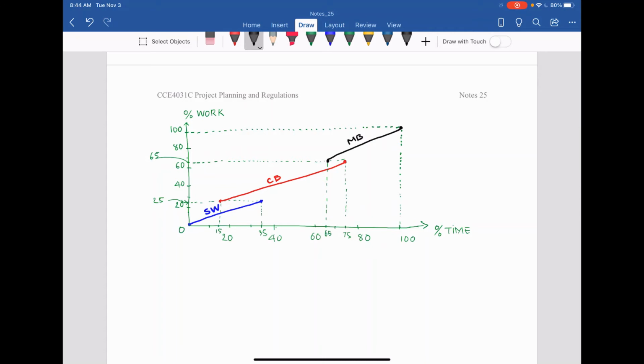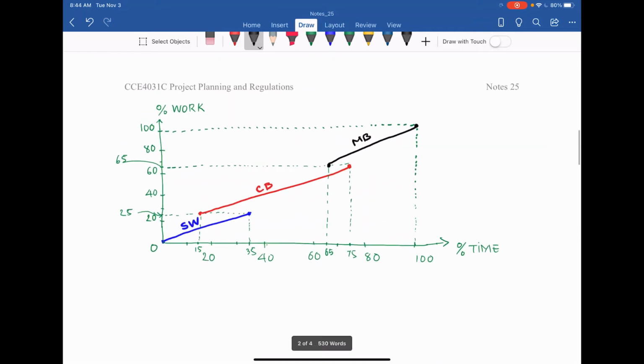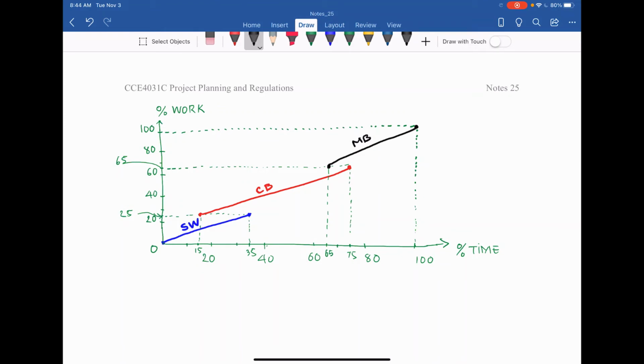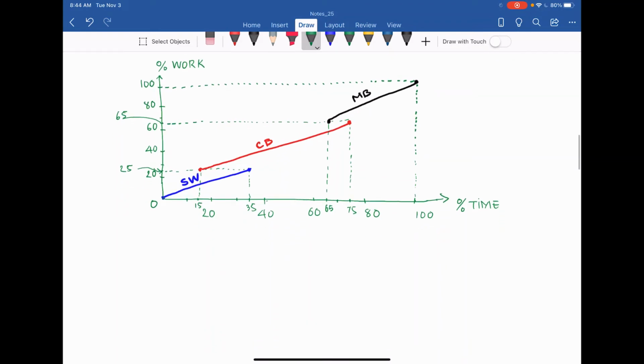As you can see, one by one, let me call the green one the work time relationship curve for the project.